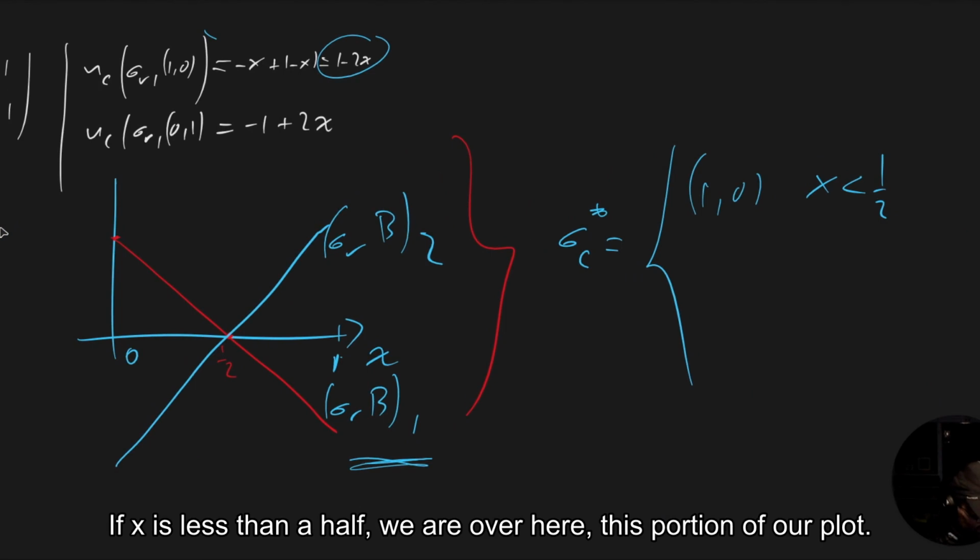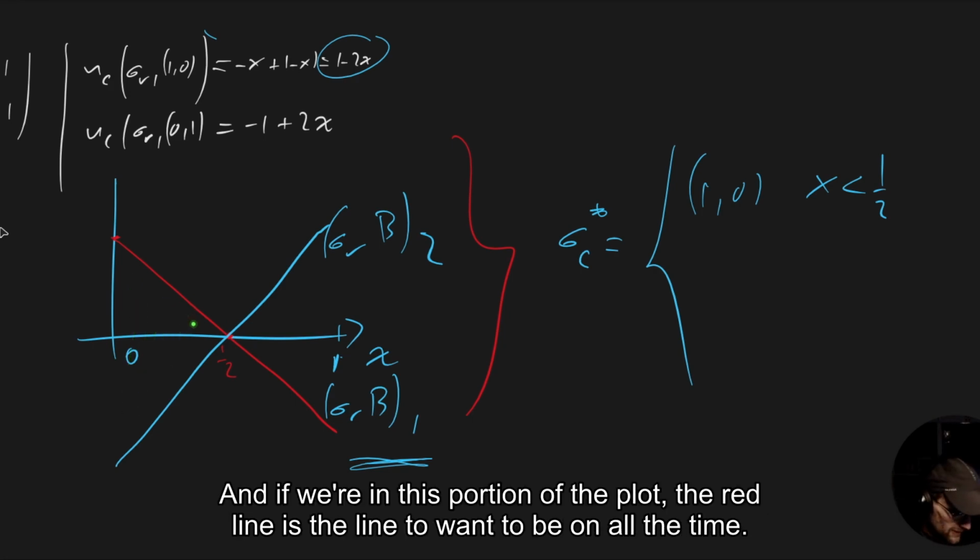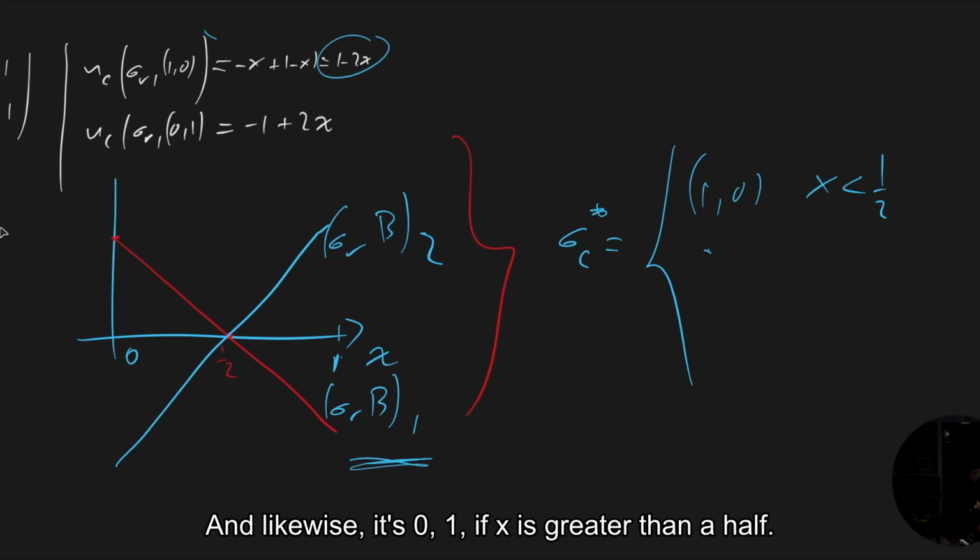If x is less than a half, we are over here, in this portion of our plot. And if we're in this portion of the plot, the red line is the line we want to be on all the time. And then likewise, it's (0, 1) if x is greater than a half.